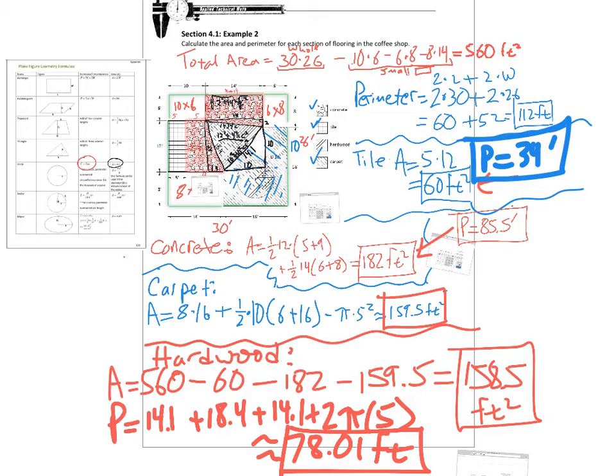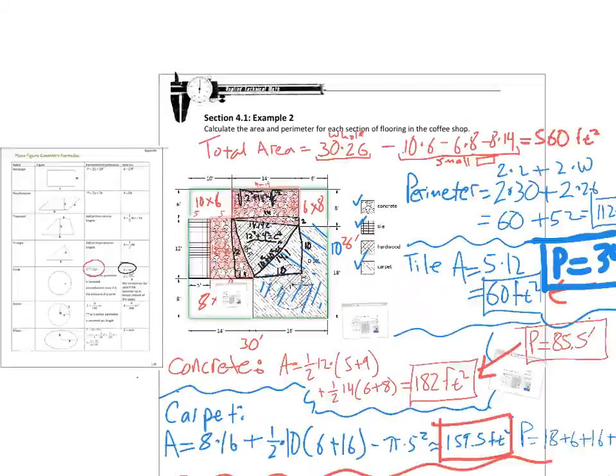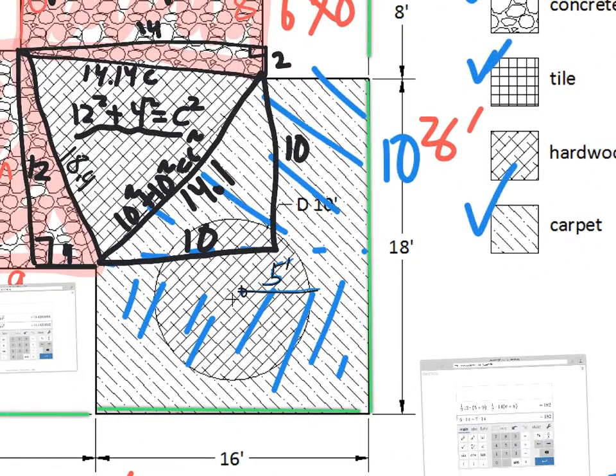And then for the carpet, we have to add up all of these distances for a border or trim around the carpet. We'd also have to add the circumference of the circle, because if you were going to put hardwood next to carpet, you would most likely have some kind of trim piece there.